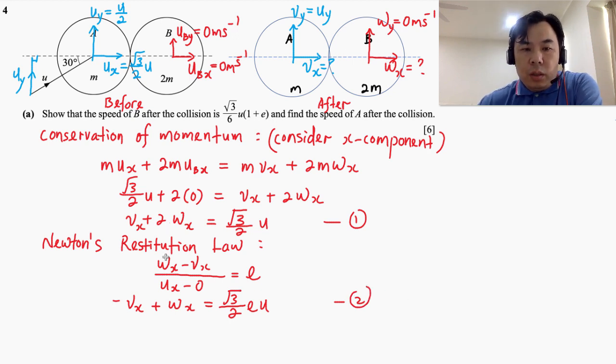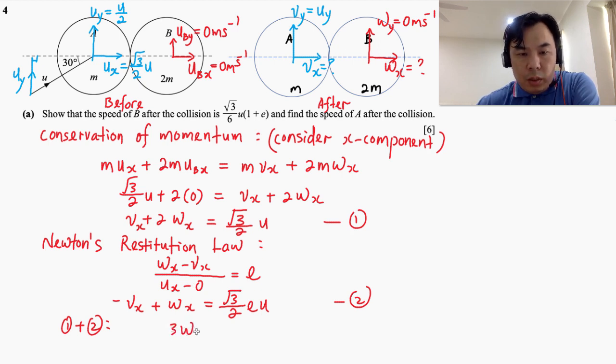And then solving this should not be a problem. Okay, I can take 1 with 2. So if I take 1 with 2, I will get 3. Yeah, that would be, okay.